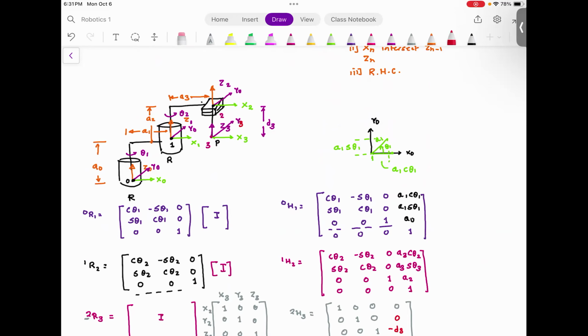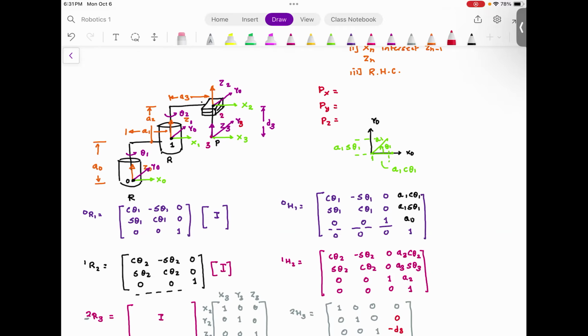Rotation matrices and homogeneous transformations are fine, but I want you to look at this problem. Just look at the robot and tell me what would be the Px, what would be the Py, what would be the Pz.